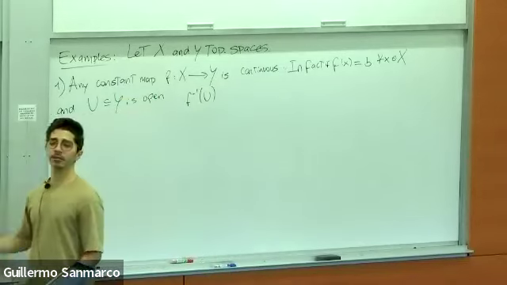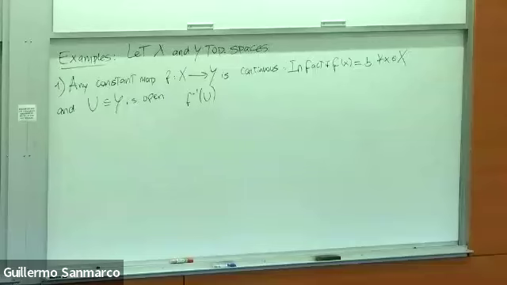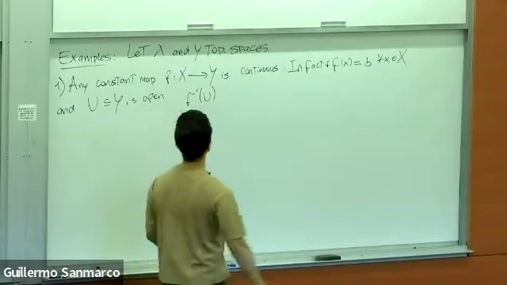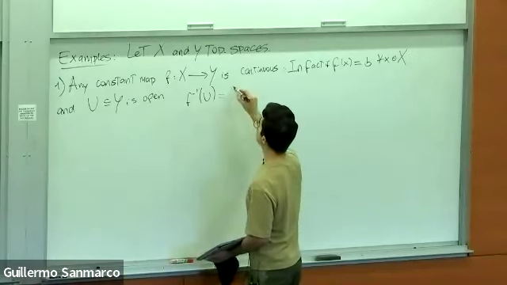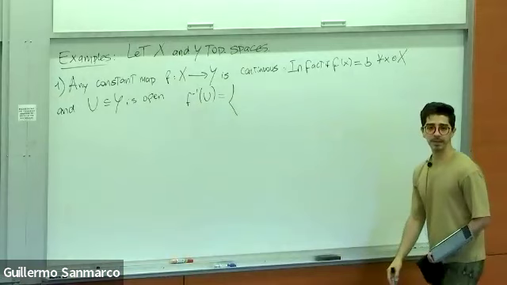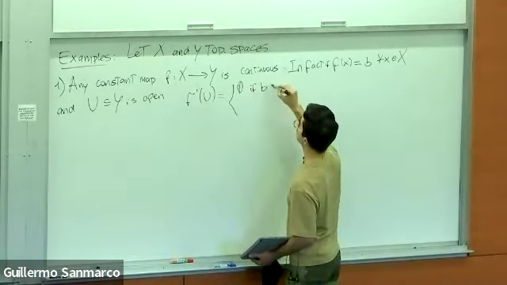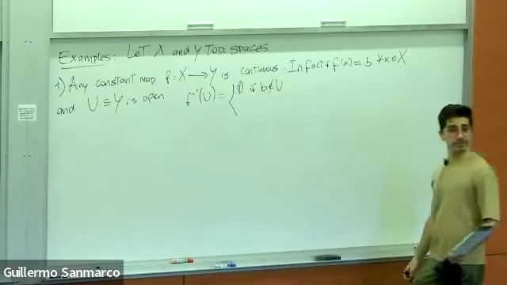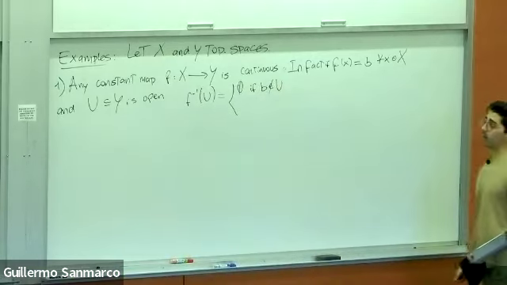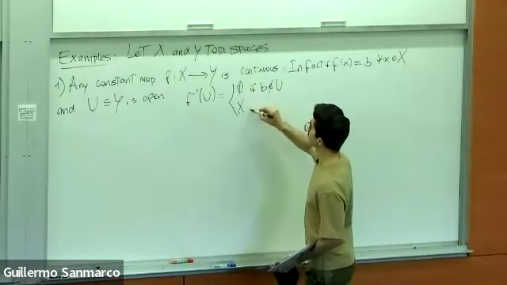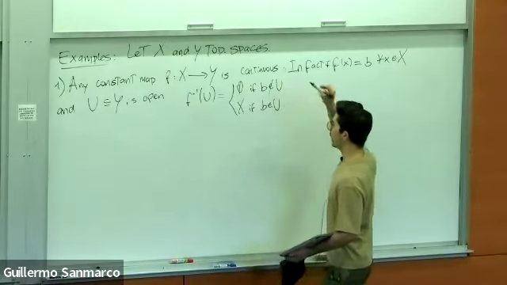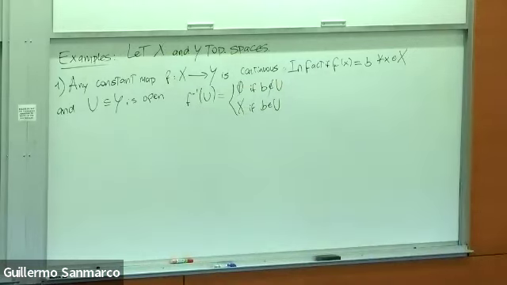These are things that when you apply F, you get something in U. But when you apply F, you always get B. So this is either going to be empty, and that's the case if B is not in U, and otherwise it's going to be the entire X, because when you apply F, you always get B, which is an element in U.